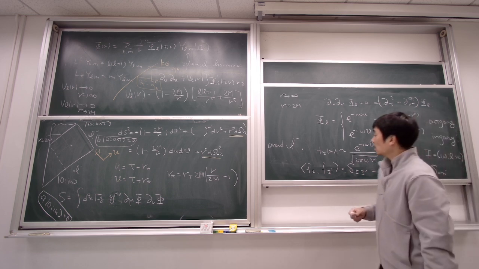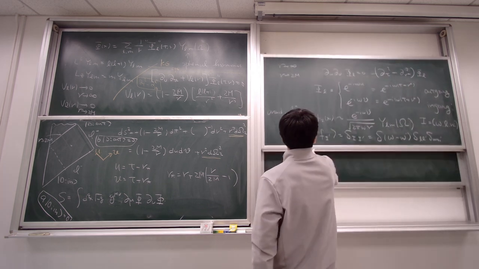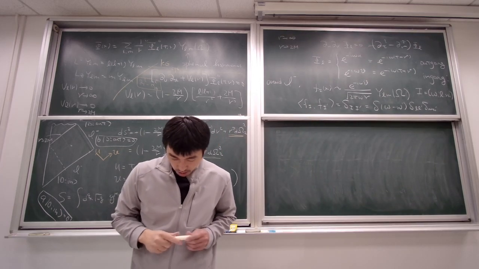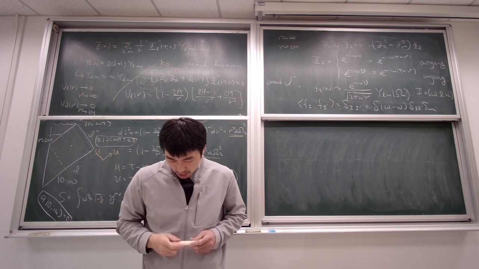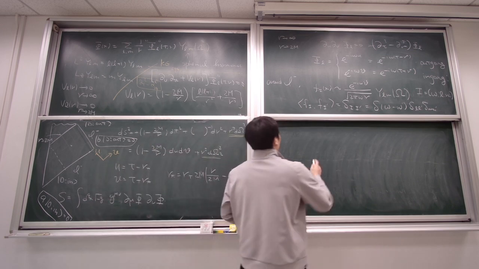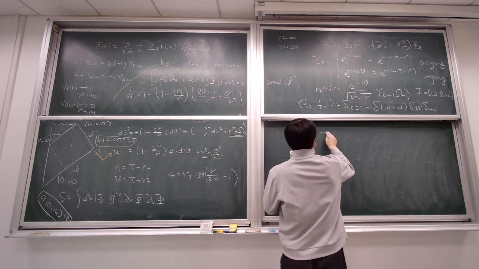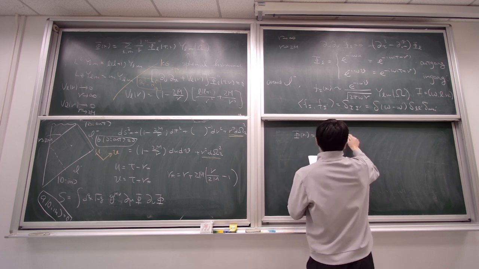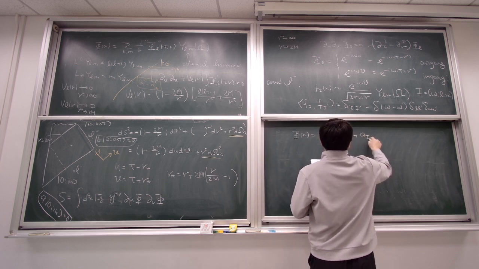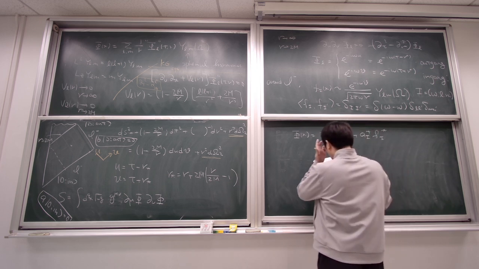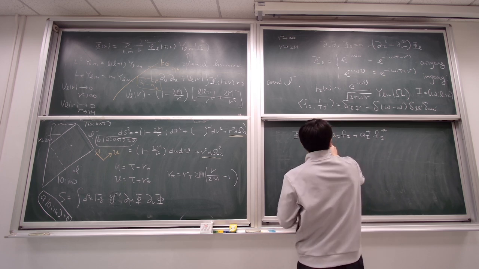Okay, so that's the mode expansion for the Klein-Gordon field. And then phi of x can be written as the sum of a_i f_i plus a_i dagger f_i star, summed over i.